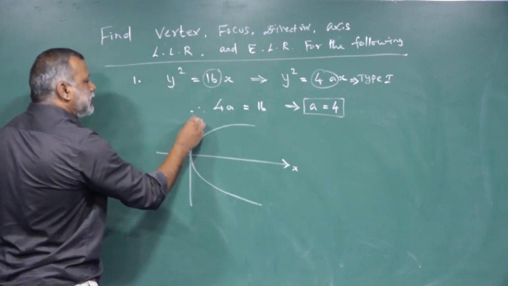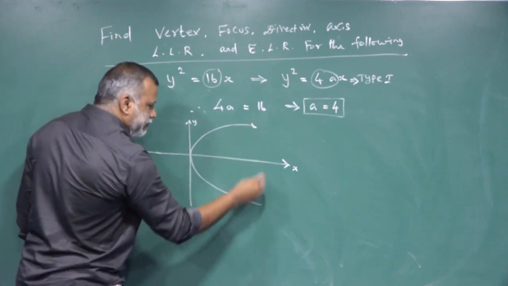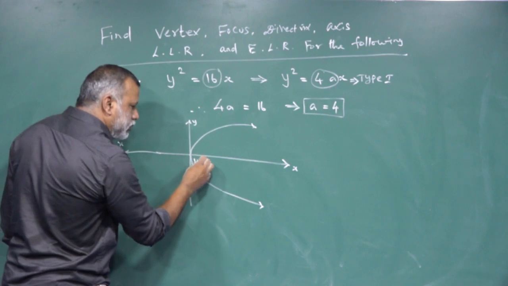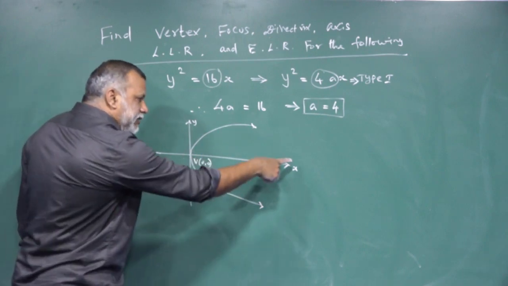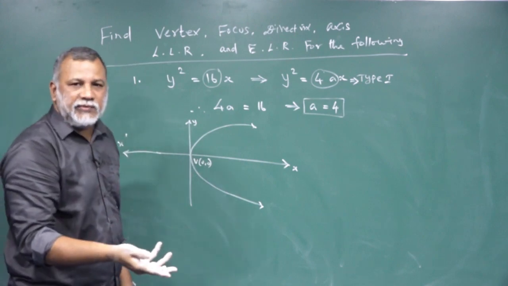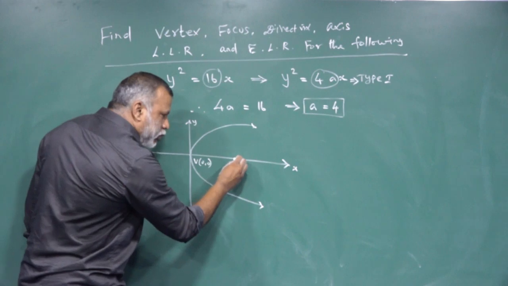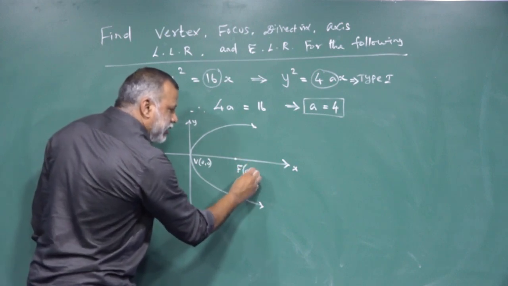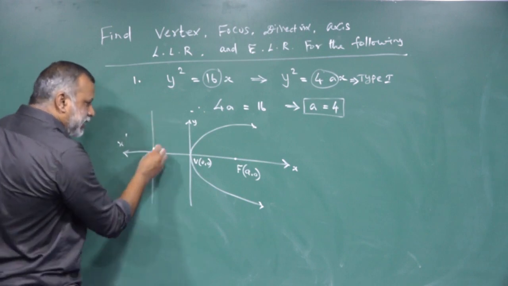So open right side. Say here, this must be vertex 0, 0, because what is the definition? The meeting place of the parabola and the axis of the parabola is called vertex. Here must be focus. What is the value for focus? a, 0. This must be the directrix.